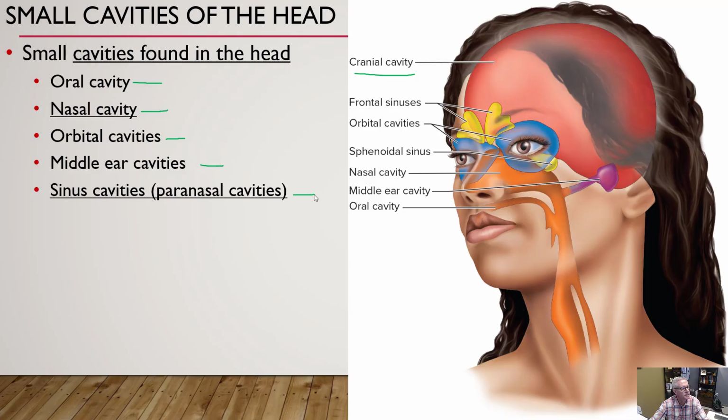And then your sinus cavities, we have different sinuses. Basically, anytime you see sinus, that's just kind of like an air-filled pocket. So we have different sinuses, like your frontal sinus, you have your sphenoid sinus. You're not going to have to remember the different ones. But if you get a sinus headache, basically you're having some gunk buildup in that air-filled pocket.